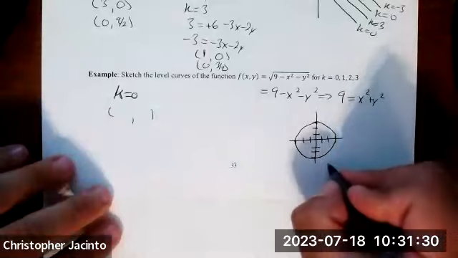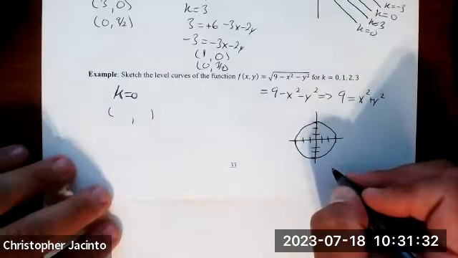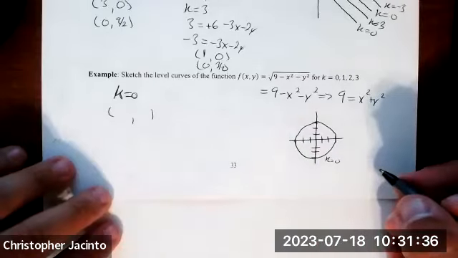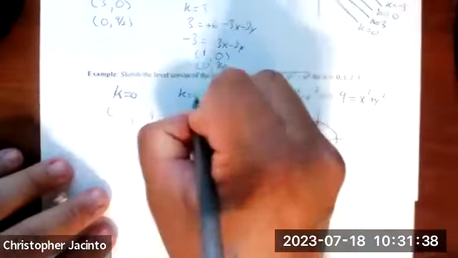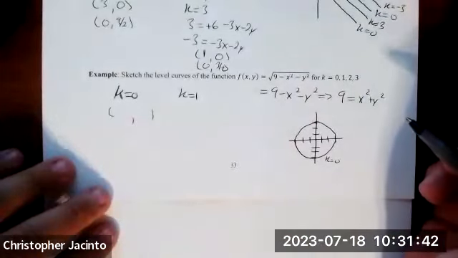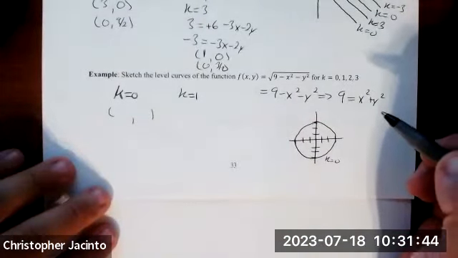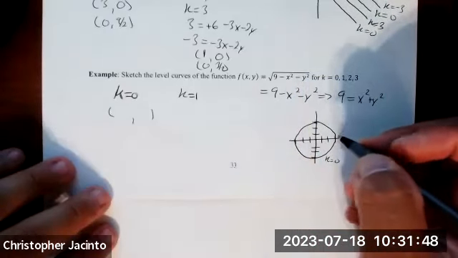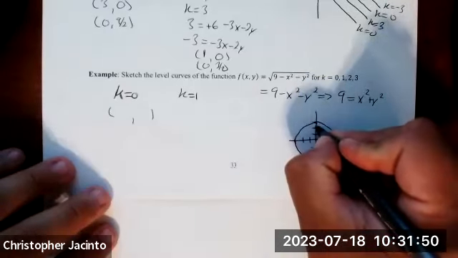So this is k equals 0. And you do the exact same thing for k equals 1. You square it, add it over, you get 8. So then you just have a circle with radius square root of 8, which is like 2 radical 2. So somewhere right here.